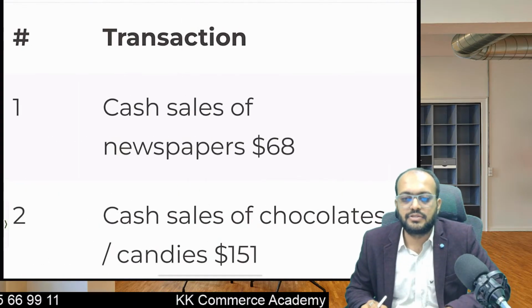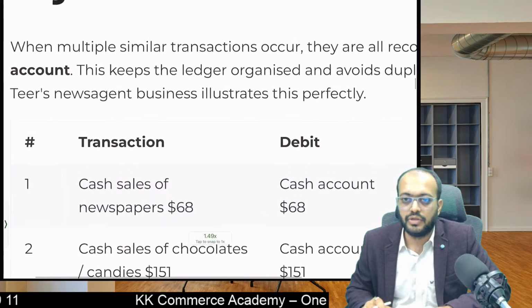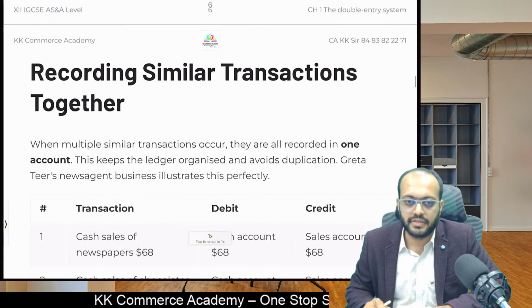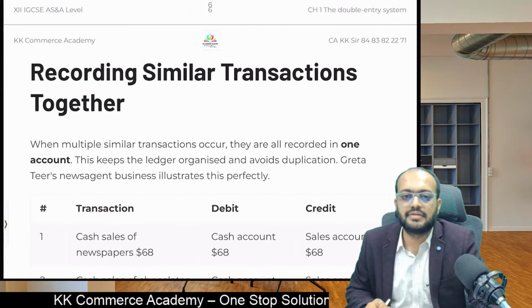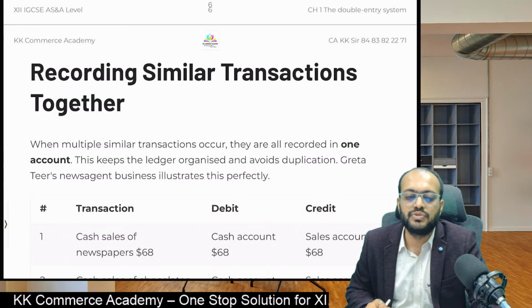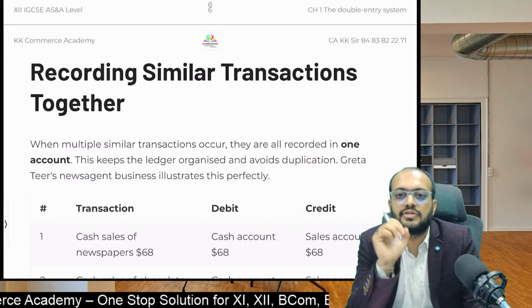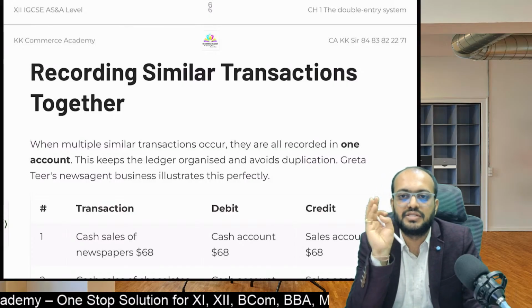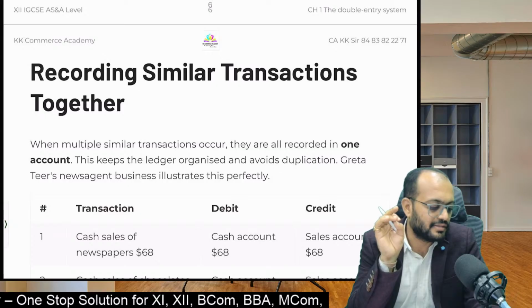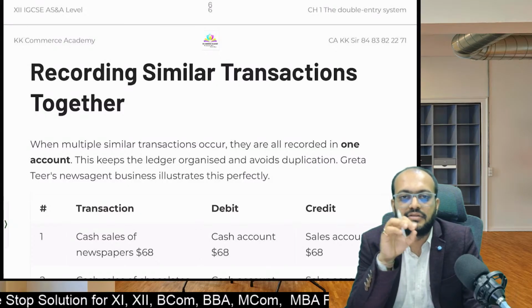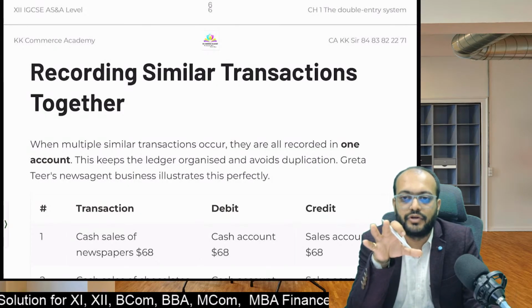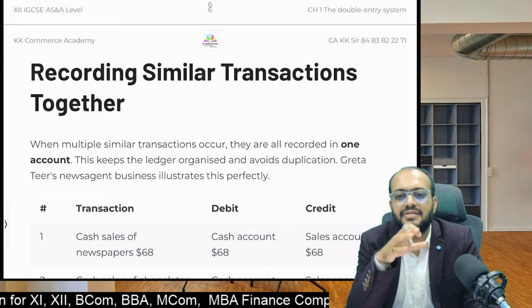Students, cash sales of newspaper. First of all, let me clarify who the businessman is here. This Greta Tier is a news agent. So he owns and runs a store selling newspapers, magazines, candies. These are the goods for him, and the transactions took place over a few days.